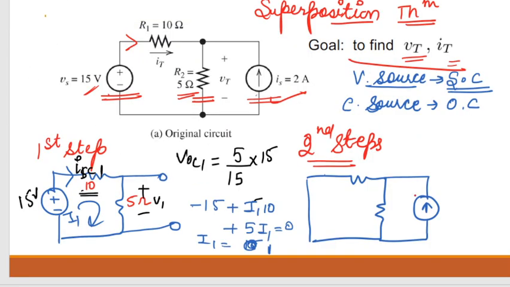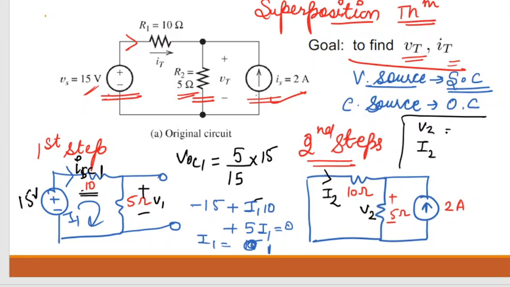Okay, like this is 2 ampere, plus minus 5 ohm, and this is 10 ohm, correct? Now need to calculate I2. This time for the second step I am marking I2 and you need to calculate V, right? Now tell me how can we get V and I2.